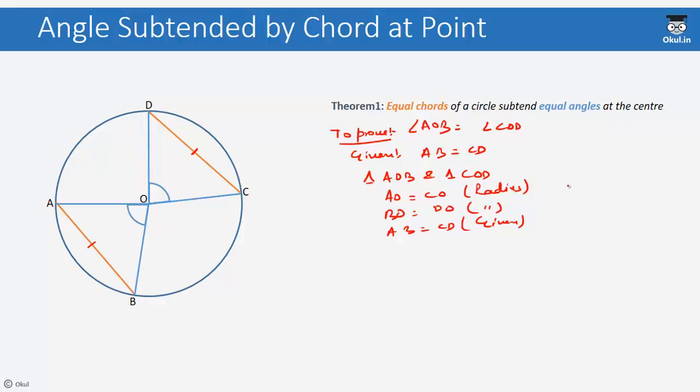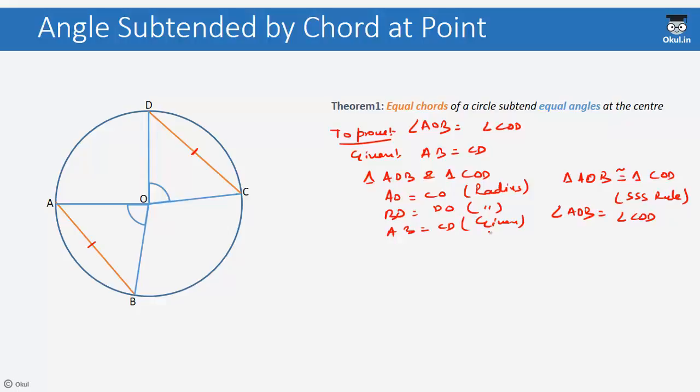So looking at these three situations, we can say that triangle AOB is congruent to triangle COD by the SSS rule. Thus we can conclude that angle AOB is equal to angle COD, since the corresponding angles of congruent triangles are equal. So we can say that equal chords of a circle subtend equal angles at the center.